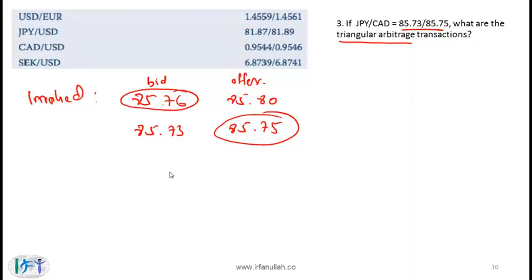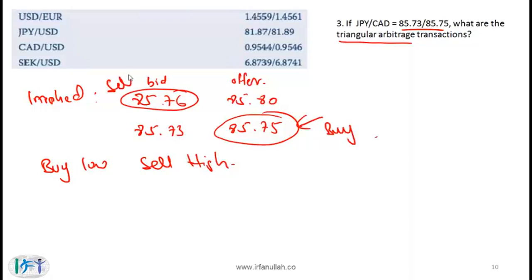So to make money, what you must always do is buy low and sell high. This is actually rule number one of finance, that to make money, you buy low and sell high. So if you want to make an arbitrage profit, obviously you need to buy over here, which is the low price, and sell over here.